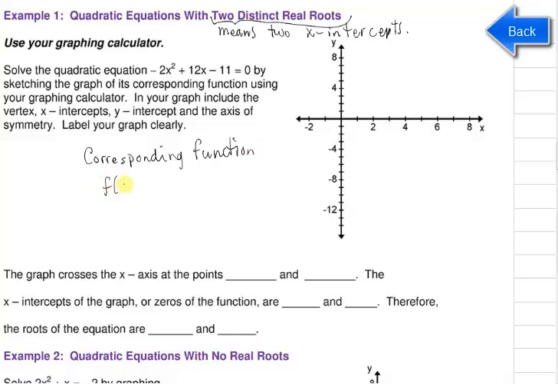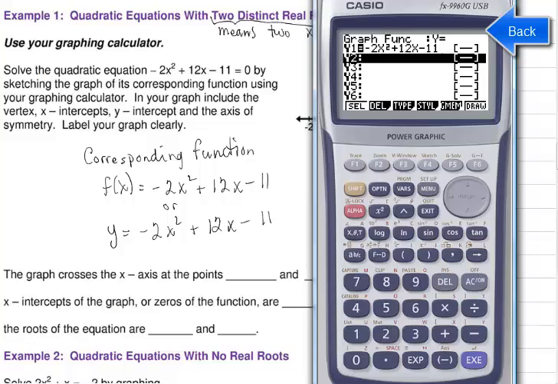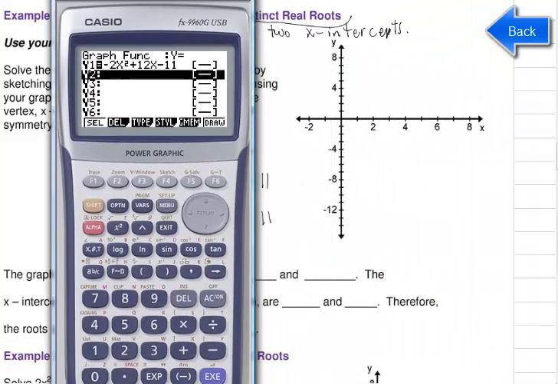Which is f of x is equal to negative 2x squared plus 12x minus 11, or if you like, you can write y equals negative 2x squared plus 12x minus 11. I'm going to use the Casio calculator to graph this, and I have already entered in the equation and set my window settings so that they would match the ones that are here.